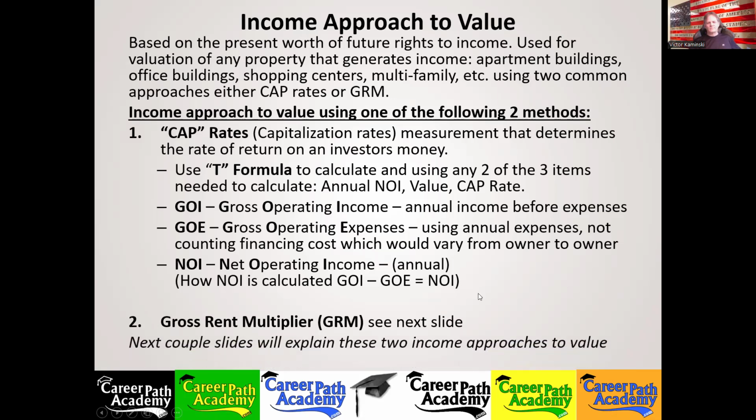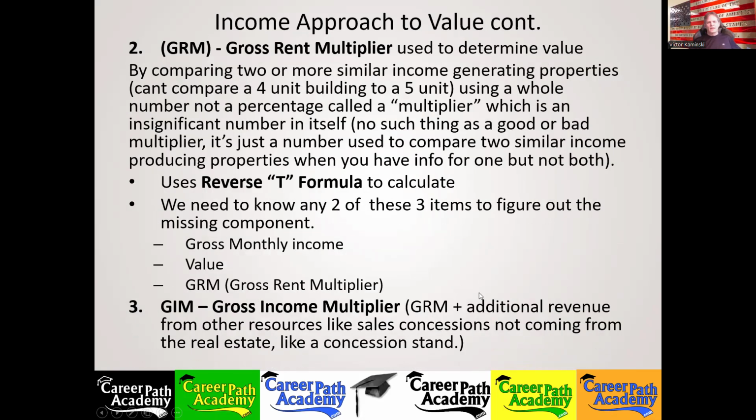So the GRM is the gross rent multiplier, used to determine value by comparing two or more similar income generating properties. Once again, you can't compare a 4-unit building to a 5-unit building. You've got to compare a 4-unit to a 4-unit or a 5-unit to a 5-unit. It uses a whole number, not a percentage, called a multiplier, which is an insignificant number in itself.